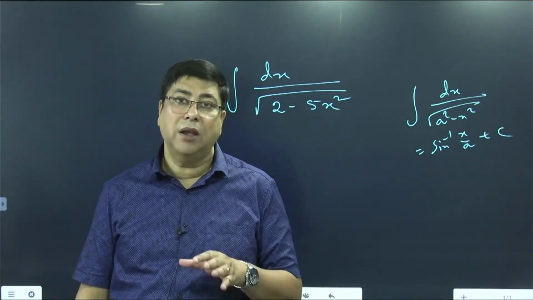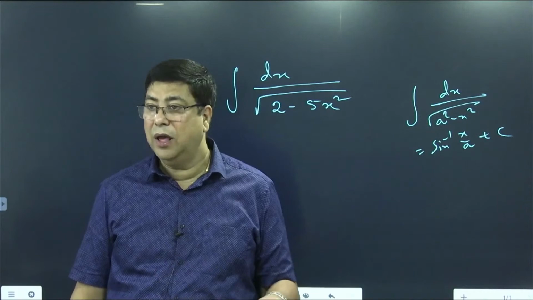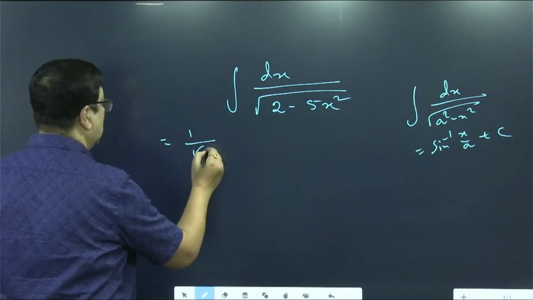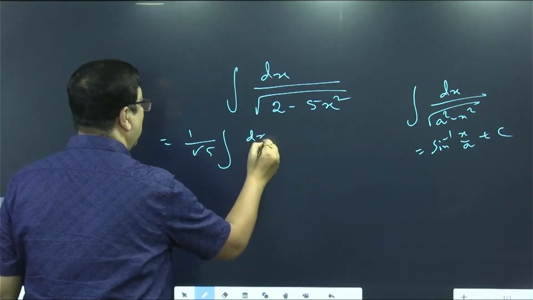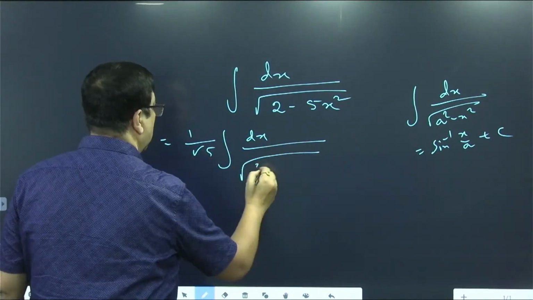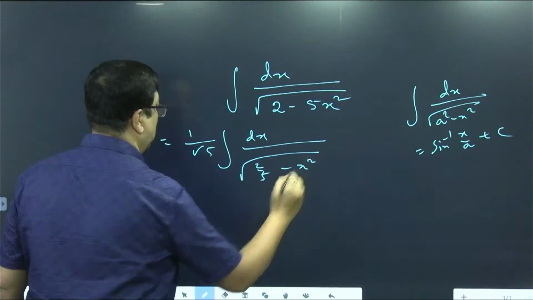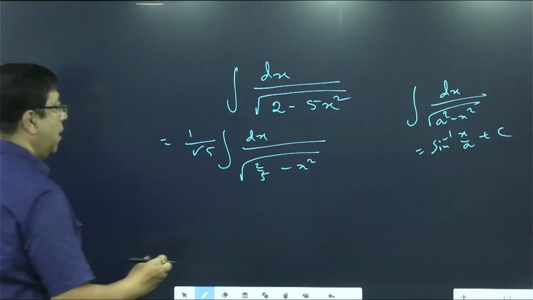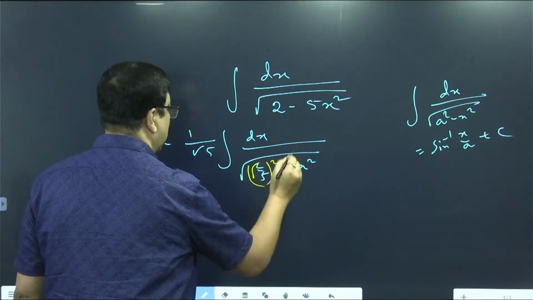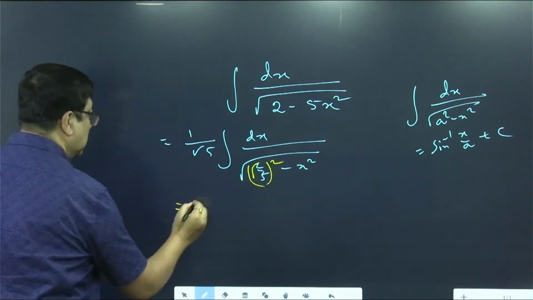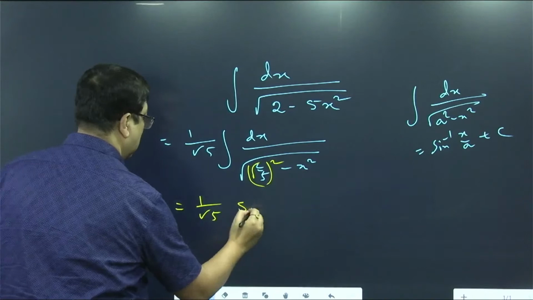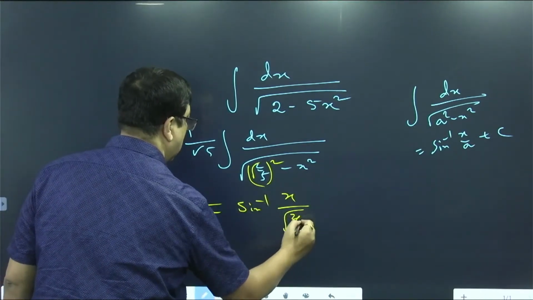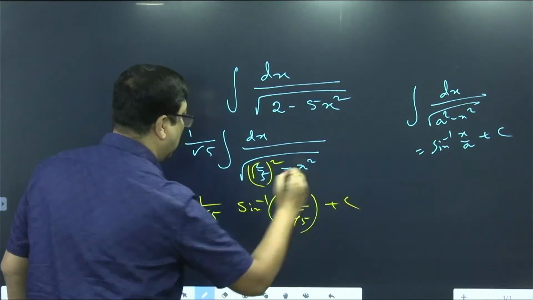Yes, it is possible, but generally we cannot. Therefore, we are taking root over 5 outside. So, dx by root over 2 by 5 minus x square. This 2 by 5 we can write as a square, minus x square, that is sine inverse x by a plus c.